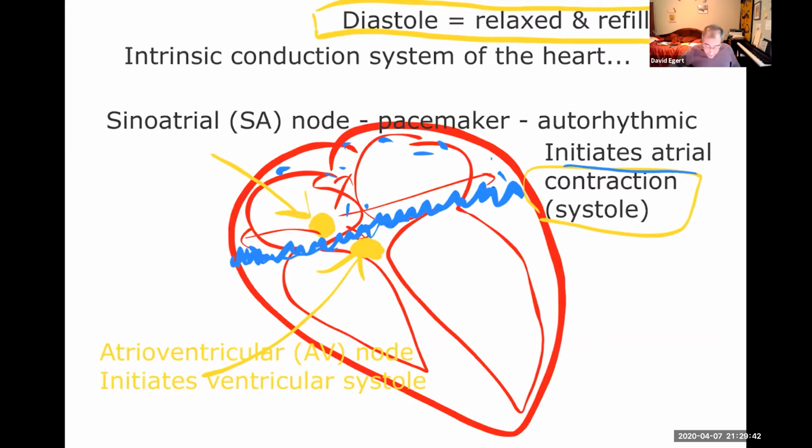There is a little internodal pathway that we need to add in here. Maybe let me do green.